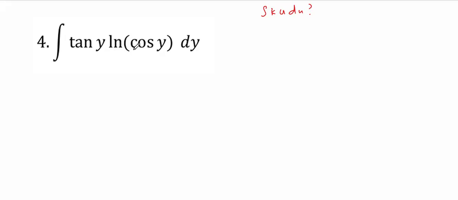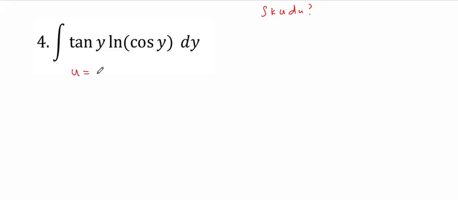So maybe this, because if you look, when we differentiate this, we bring down the cosine, and then the derivative of cosine is negative sine, and sine over cosine is tangent. So when we differentiate this, it gives us the remaining part of the integrand. So this, together with dy, is our du. So we are trying to fit this formula, the power rule.